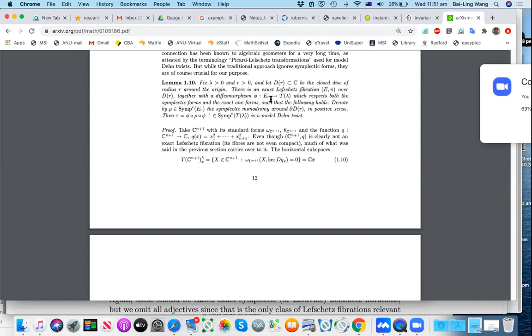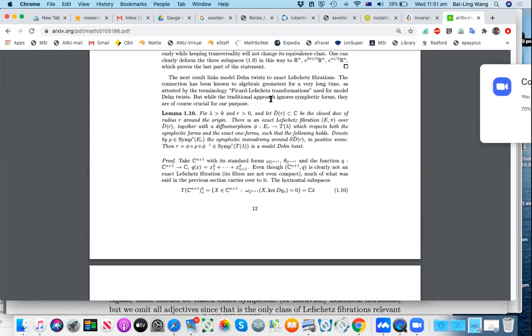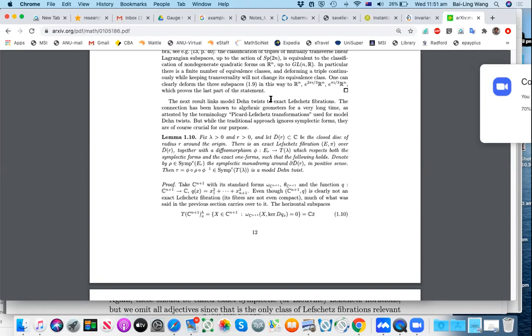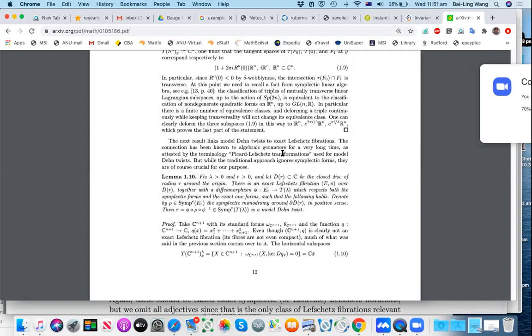Because you can pick the boundary, E_r is the Milnor fiber, and T_lambda is like seeing the Milnor fiber as a cotangent bundle, where lambda is the length of the cotangent vector.